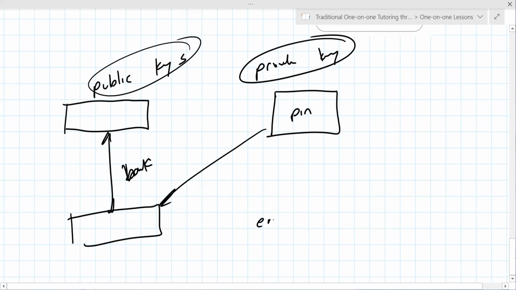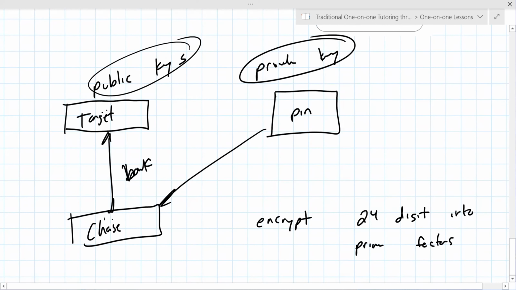They'll encrypt a 24-digit number into prime factors, and there are algorithms to do this. That's how these two, Target and Chase, let's say you went to Target or Starbucks, that's how they know that's online, that's good. But they also use your private key, your PIN, through the merchant to make sure that, because your bank knows your PIN independently, that it's actually you.